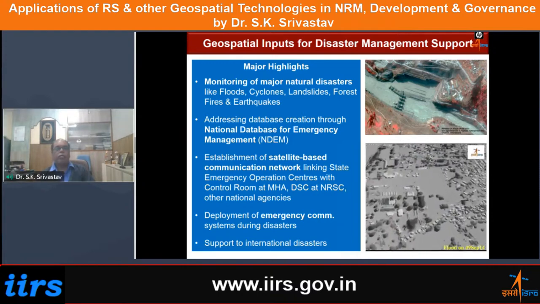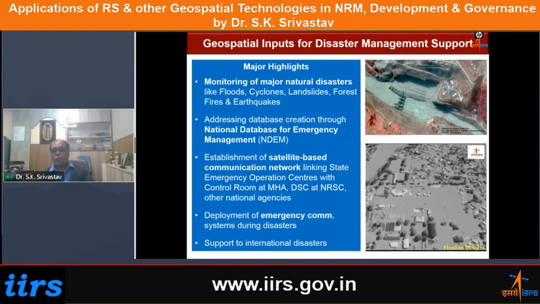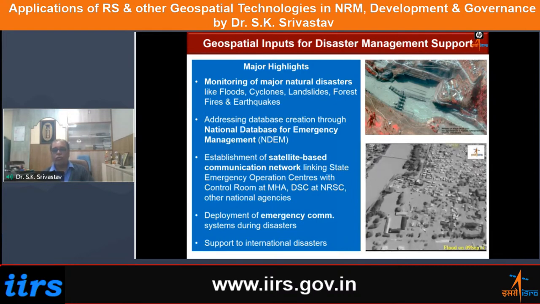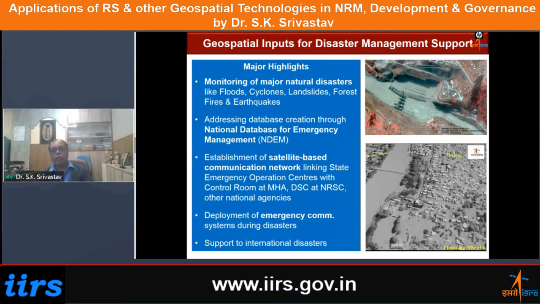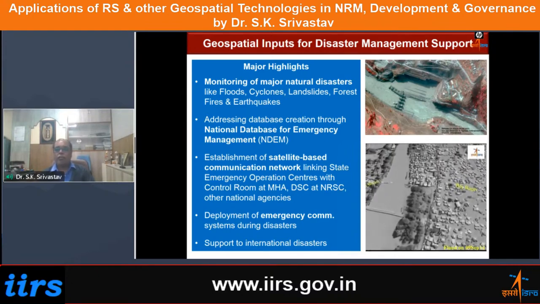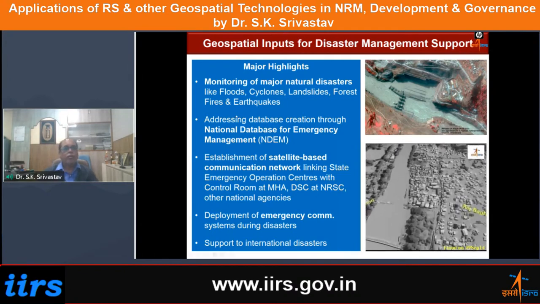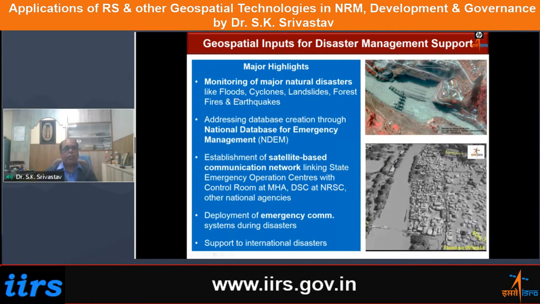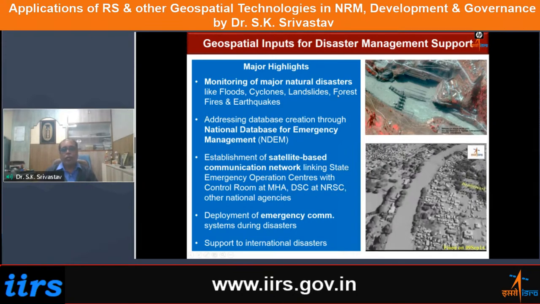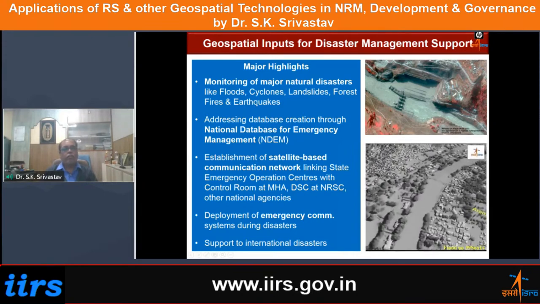As far as disaster management is concerned, the Department of Space, and particularly the National Remote Sensing Centre, one of the ISRO centers at Hyderabad, is identified as the nodal agency for providing satellite-based information for different disasters: floods, cyclones, landslides, forest fires, and earthquakes.